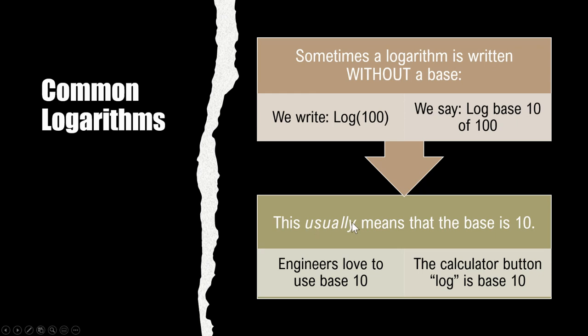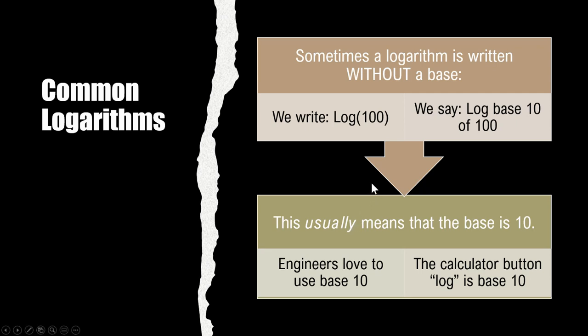What do I mean by usually? There are some mathematicians out there who have some really bad habits, and they may start out a paper and make some kind of declaration at the beginning of the paper that they're in base 2. And then from there on out, they'll never write log base 2.